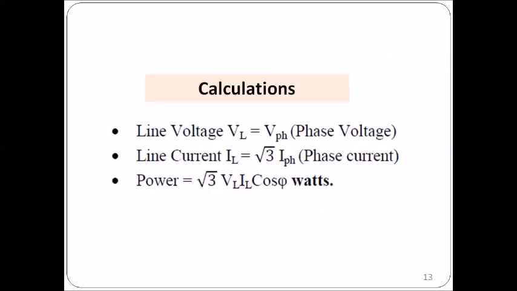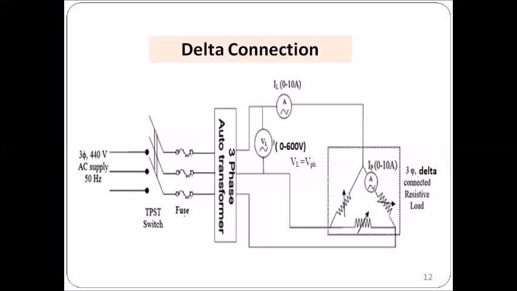if we look at the formulas, the mathematical calculations for delta connection, line voltage will be equal to phase voltage, whereas the line current is root 3 times the phase current. We have seen in the diagram that whenever this current enters at this junction, the current gets divided into two parts.